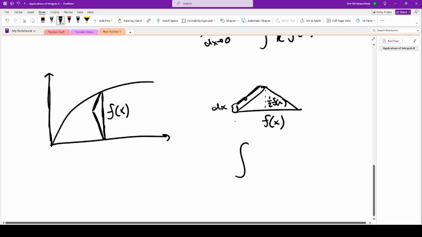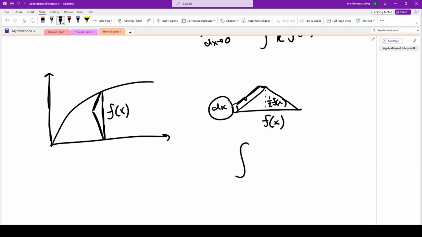You're summing up these infinite little slices, okay? And you're making the slices thinner and thinner, and now you have a triangle. So instead of length times width times depth, it would be depth, so your dx, times base times height over 2, right? Because that's the area of a triangle.